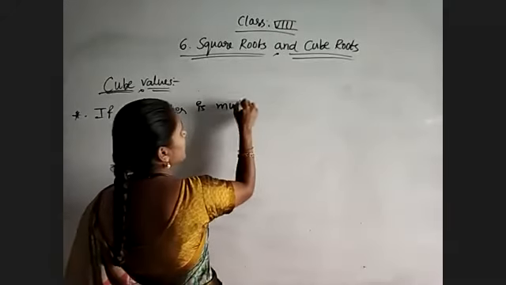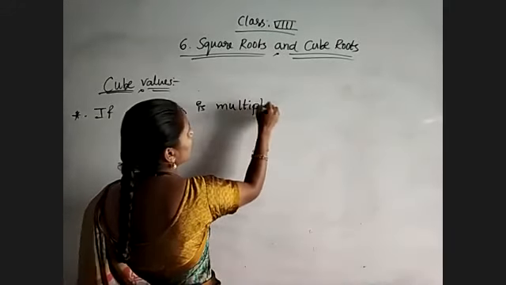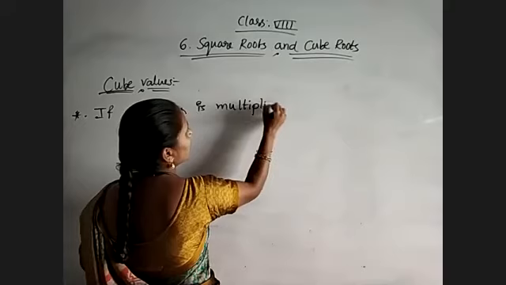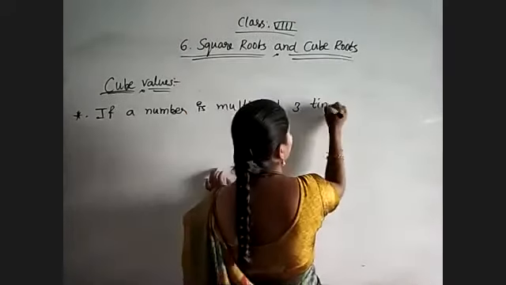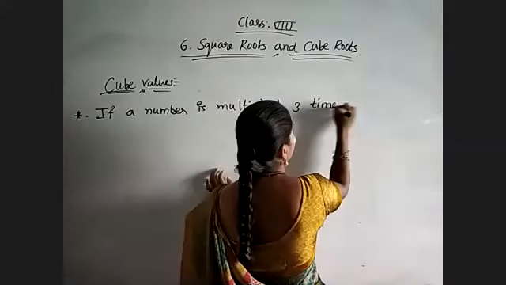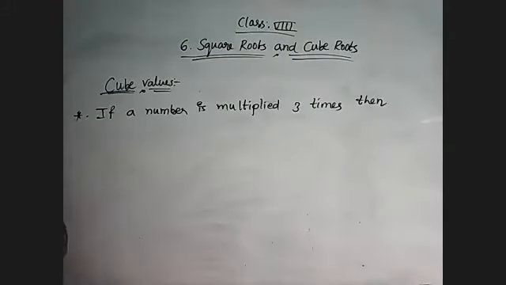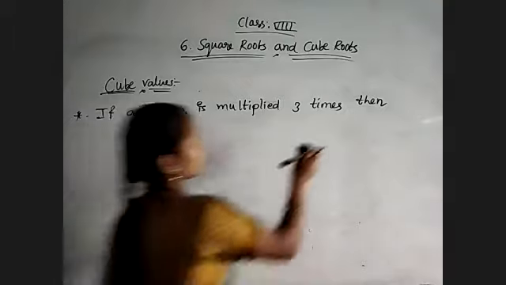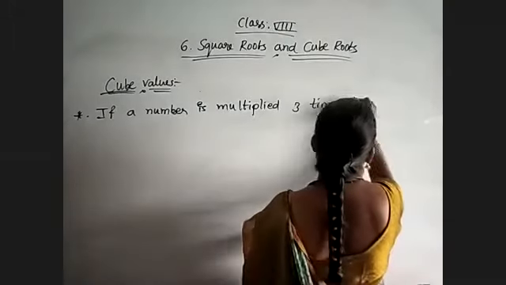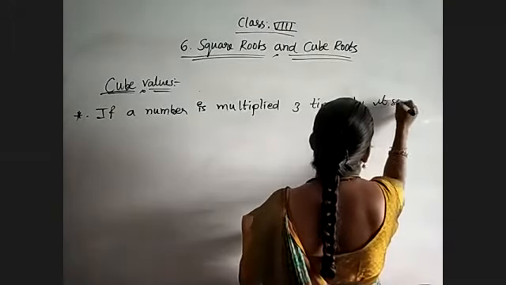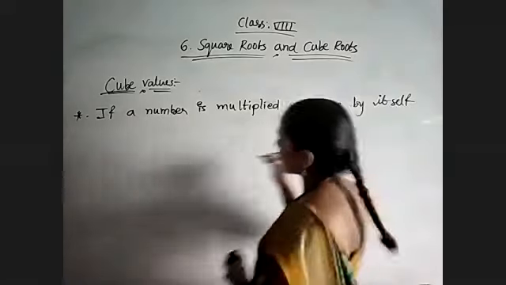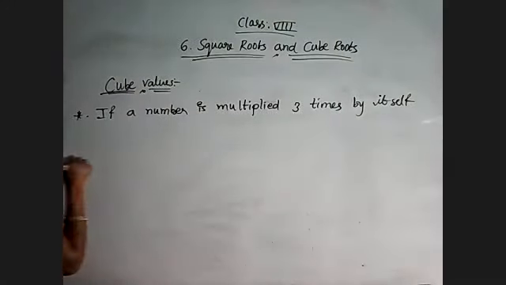If a number is multiplied 3 times by itself, then it is called its cube value.